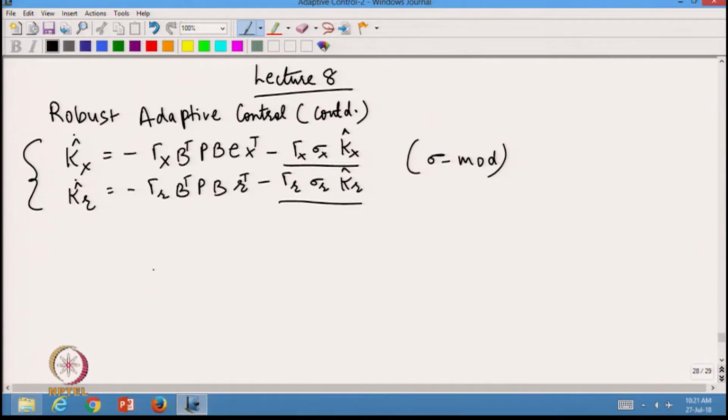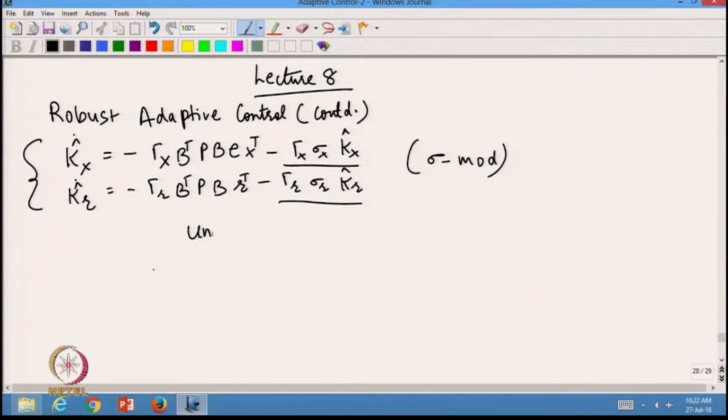So, ideally we would want that the first term dominate and the second term is just in case the parameters try to drift away, they make sure that the parameters stay bounded. So, in the case where the tracking error becomes very low, we see that the second term becomes dominant, and that results in k x hat converging towards 0. So, which is something that we refer to as the unlearning phenomena.